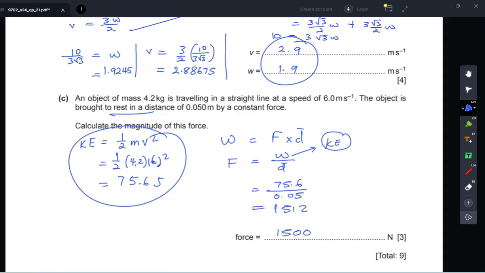So all the kinetic energy was countered by the force. Force was applied to stop it, so the force was doing some work against the kinetic energy. Kinetic energy is being converted to work done, whichever way you may think of it, but that's how we can think around this question.